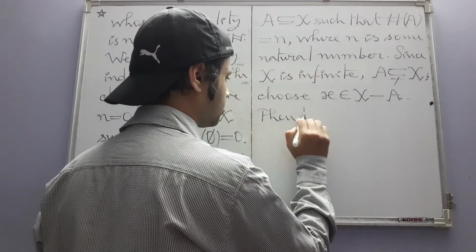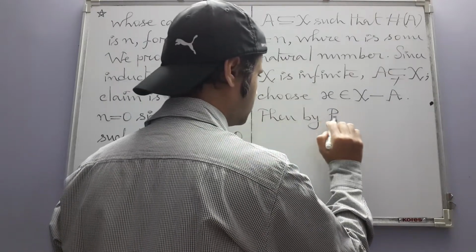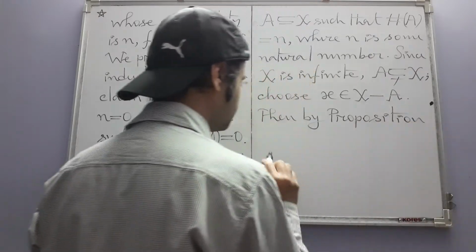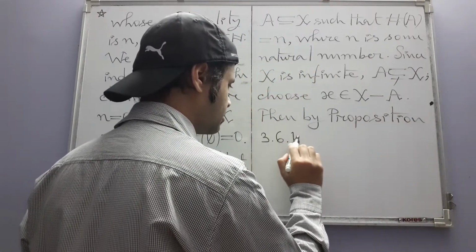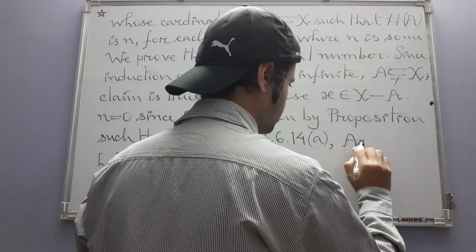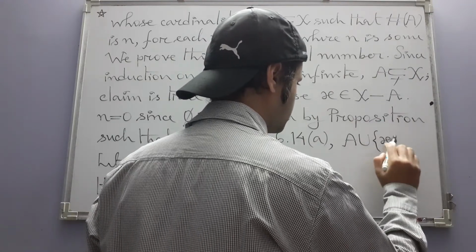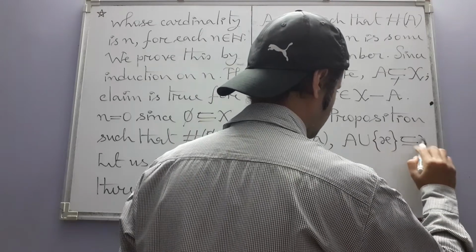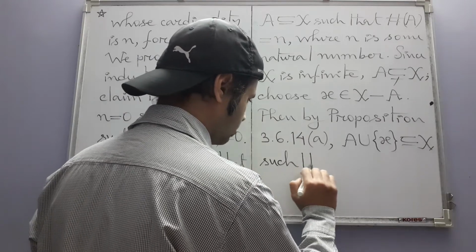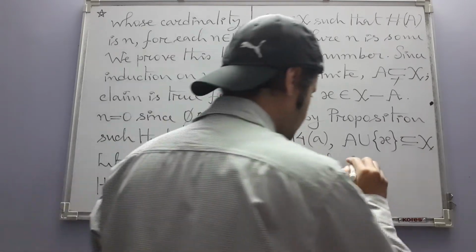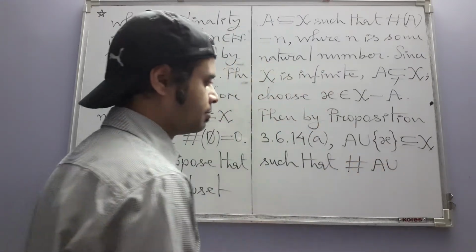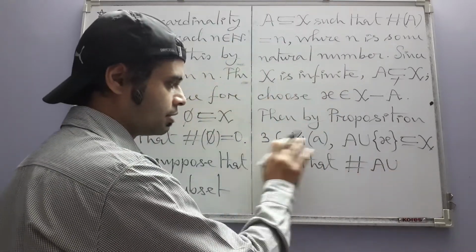Then by proposition 3.6.14, but this time part A, the union of A and this singleton set is of course a subset of X, such that its cardinality is one more than the cardinality of A. In fact, this is where we are using this proposition.